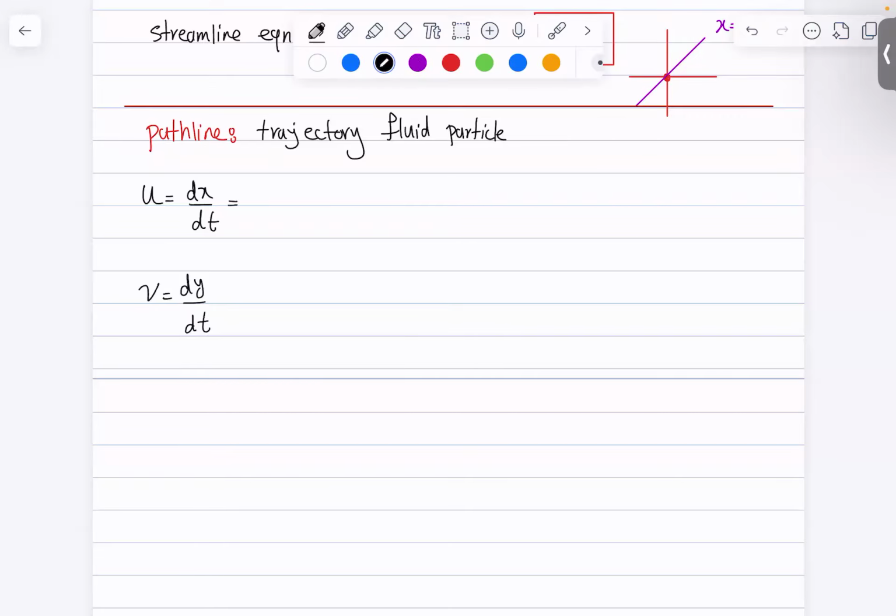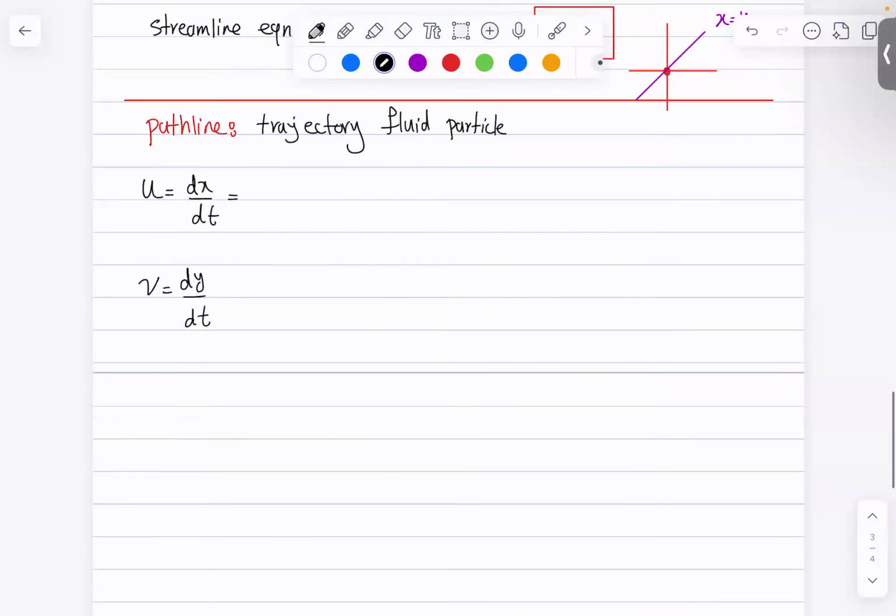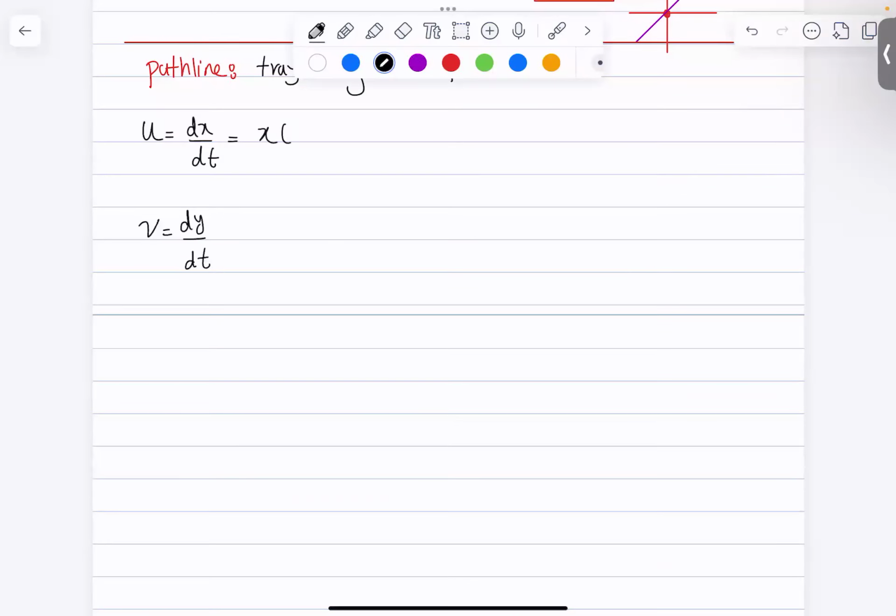So in this example, again, remember what is u? u is x times (1 plus 2t). And what is v? v is just y. Okay, and what we will try to do is get a formula for x and y versus time. We want to find x and y as a function of time.